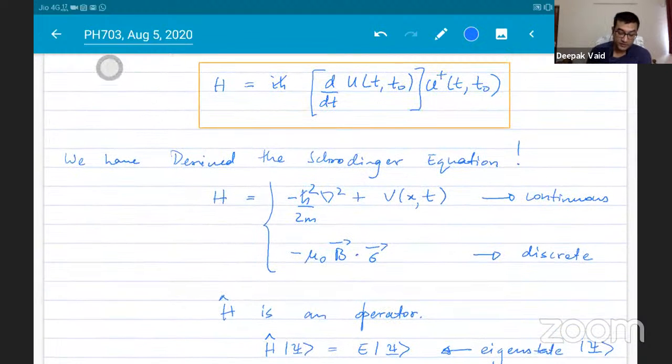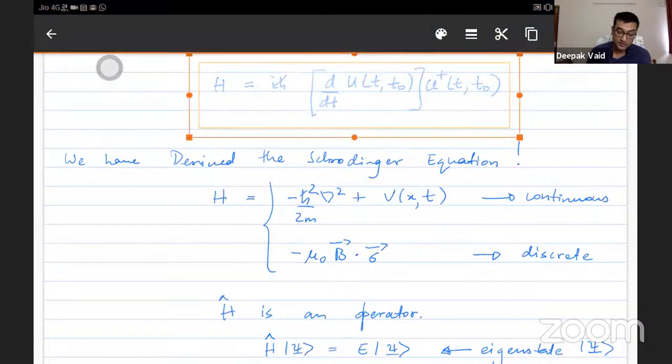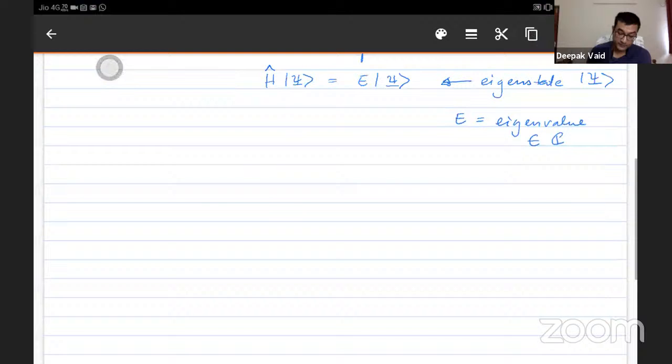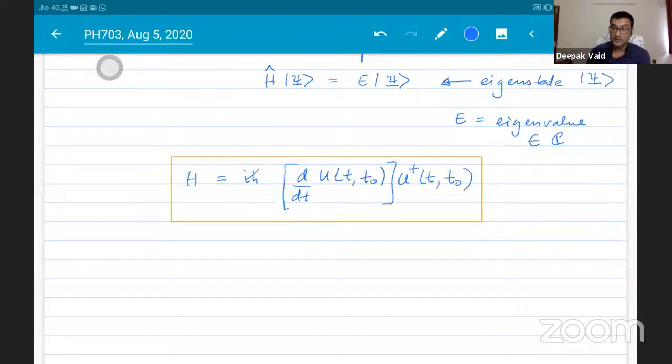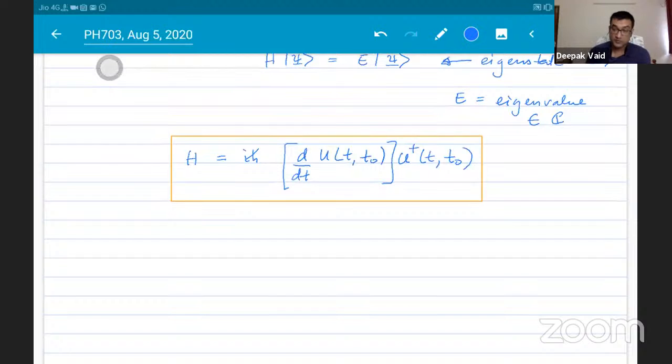But now if you look at this expression for the Hamiltonian, and you ask what happens when you take the complex conjugate, the adjoint of this Hamiltonian, you will find that this is equal to itself, exactly.